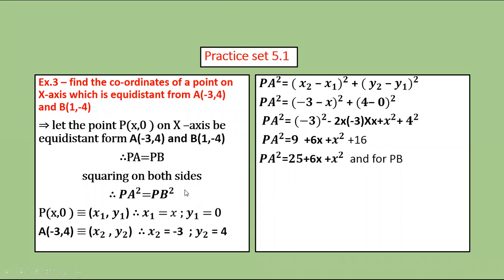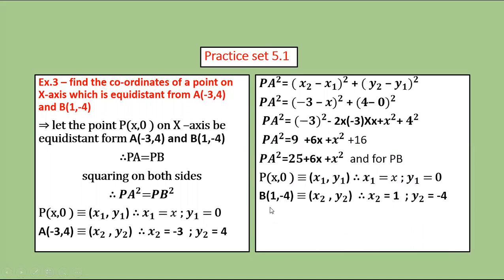And to find PB square, for PB, the point P (x, 0) is considered as (x1, y1). Therefore, x1 is equal to x, y1 is equal to 0. And B (1, -4) is considered as (x2, y2). Therefore, x2 is equal to 1, y2 is equal to -4.